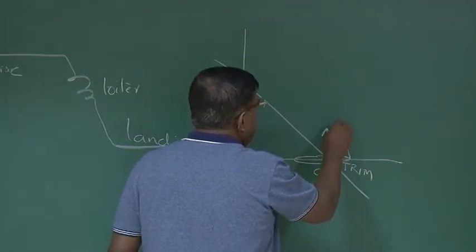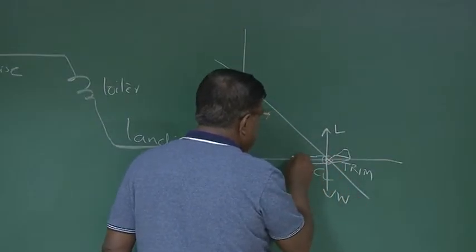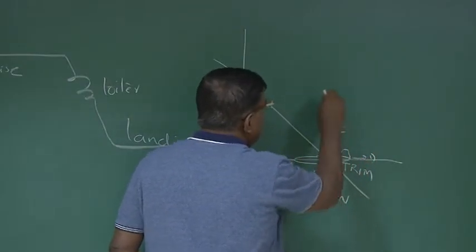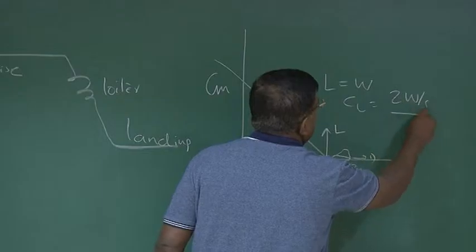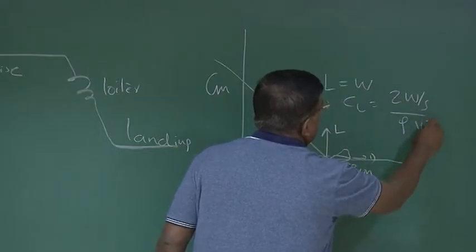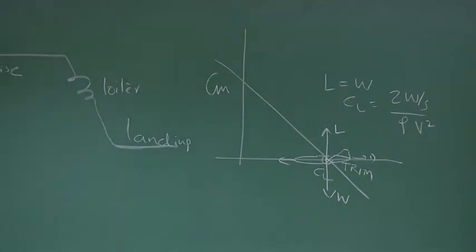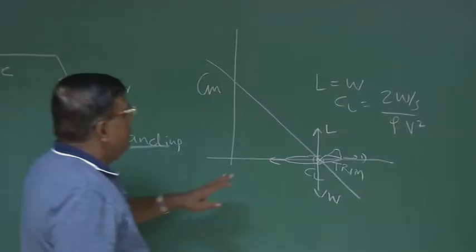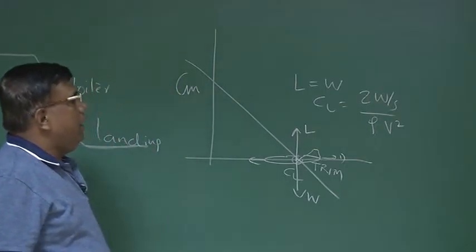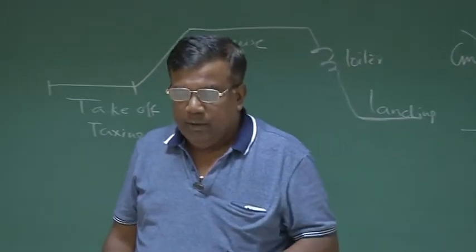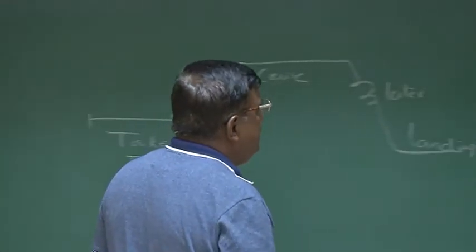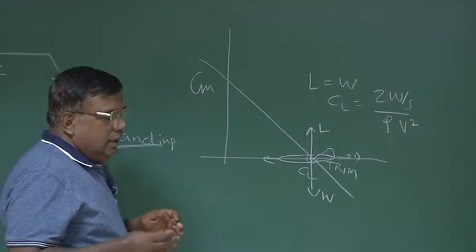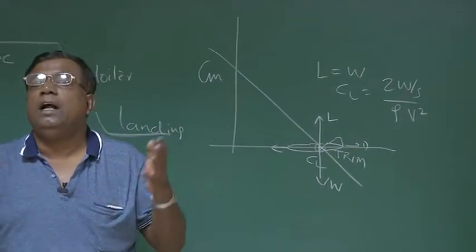If I am concentrating on cruise, then CL corresponds to lift equal to weight, and CL is 2W by S by rho V square. So now if I see this point, depending upon my requirement, I will ensure that the CL is such that if I slightly change the CL, there should not be a large increase in the drag.